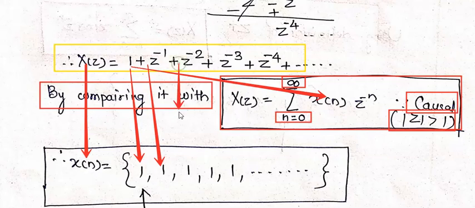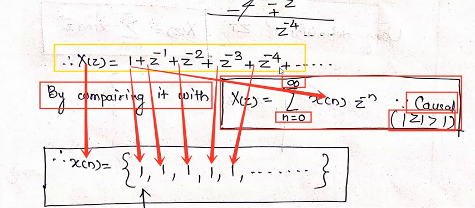Similarly here again the coefficient is 1, this is coefficient 1, this is again coefficient 1. Further it will be 1 obviously, but since n equal to 0 is where we start, that is the starting value for this entire sequence. So this is how, by the application of the long division method, one can find x of n from x of z.